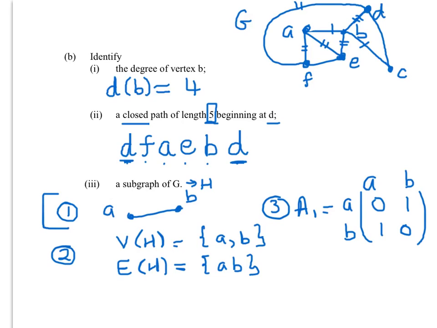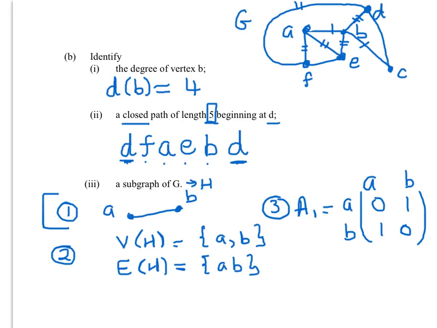Make sure you don't put any commas or dashes when you're writing it down. You just list the vertices as you visit them. It's a path, so you can move along as many edges as many times as you like, or visit as many vertices as you like. You're asked for length 5, so remember that if it's length 5, you have 6 letters written down to define length 5.